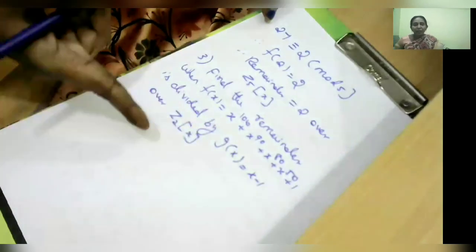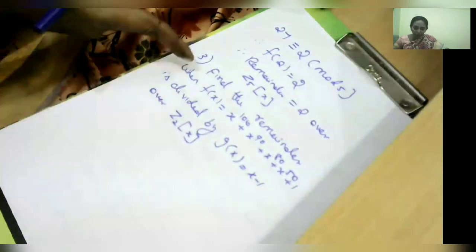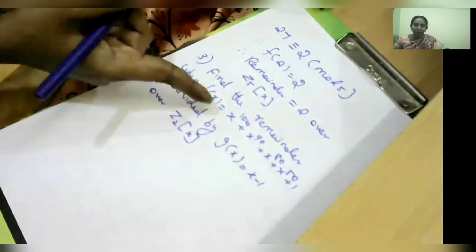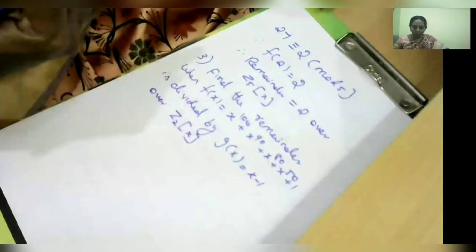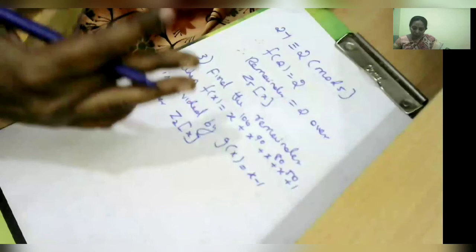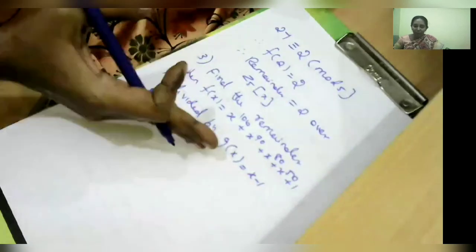So here the finite field is Z2. We are going to divide this polynomial f of x by g of x, which is x minus 1.